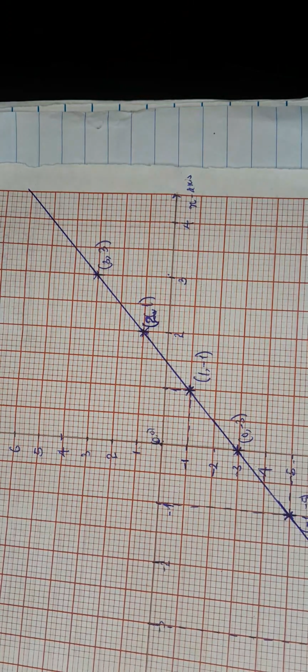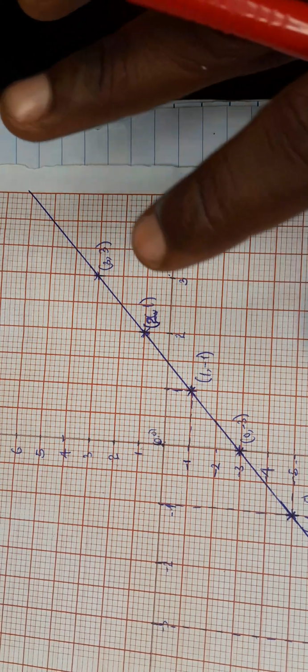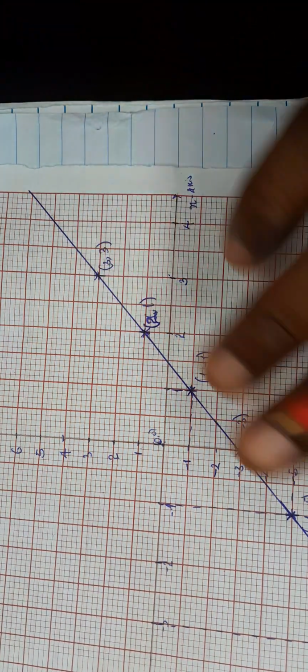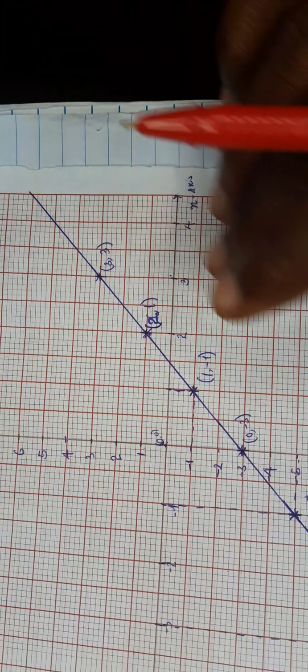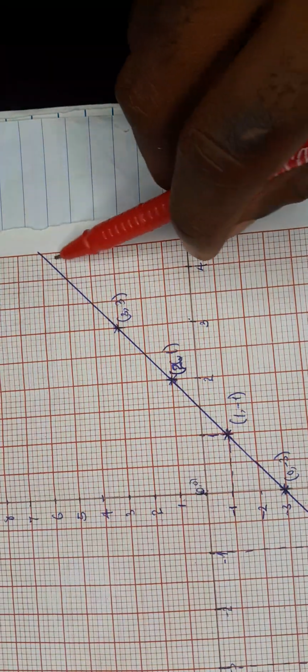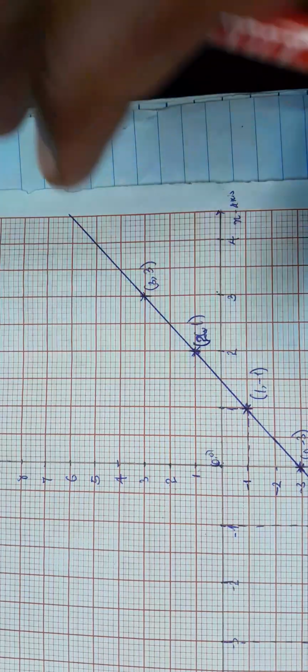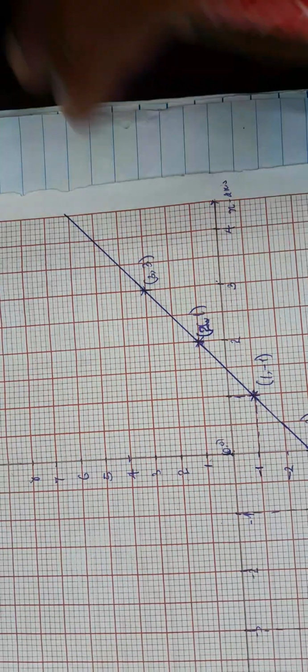Now, one of the things I want you to note is a straight line graph, don't leave it hanging. Can you see that my values for x cut through the graph, and also this cuts through the graph? Don't leave it hanging. So this is how to draw a graph.